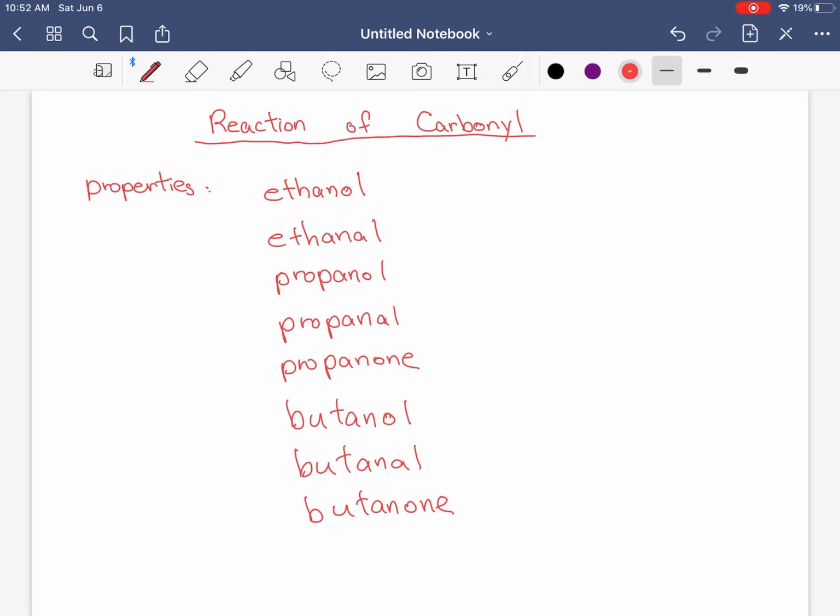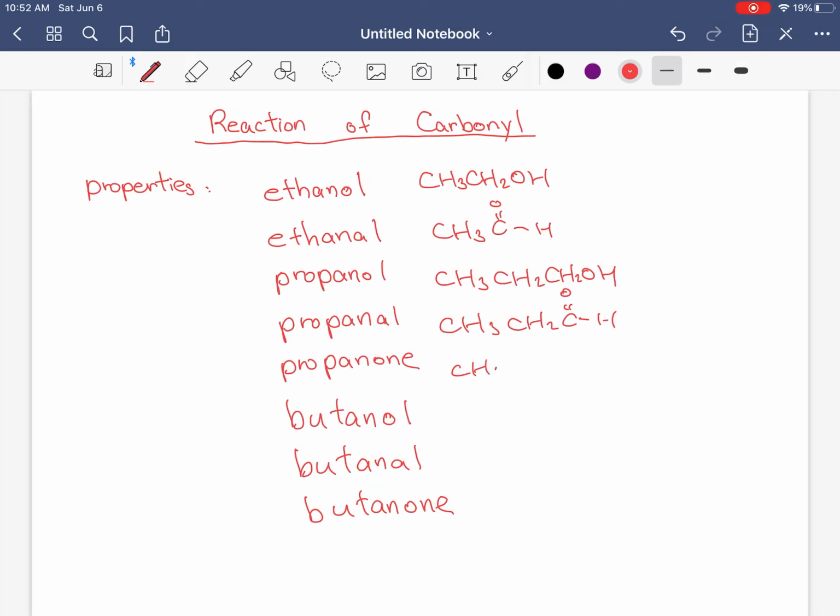Okay, let me just draw these while I'm at it too. So this is ethanol. This is ethanal. This is propanol. This is propanal. And this is propanone. Okay?